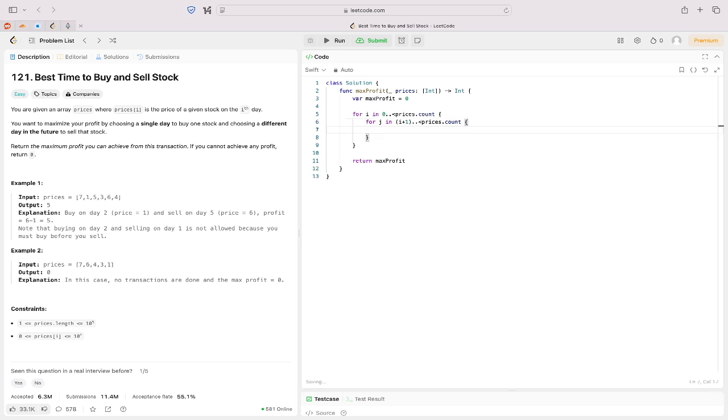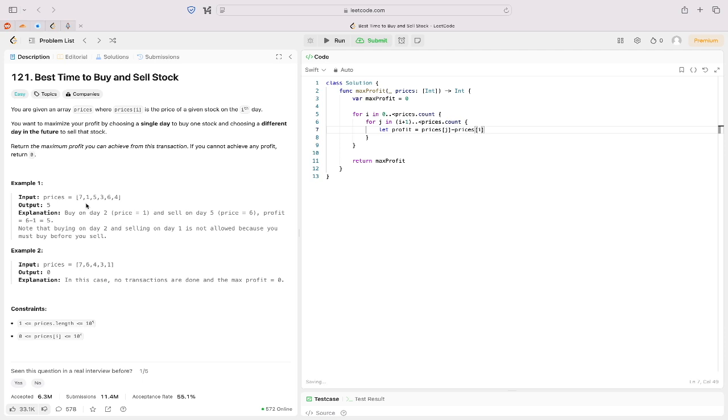Okay, so for this, we want to subtract our first number from our second. So that's going to be our profit. So let's make a new variable for profit. So that's going to be prices[j], which is going to be our sell, minus prices[i], which is going to be our buy.